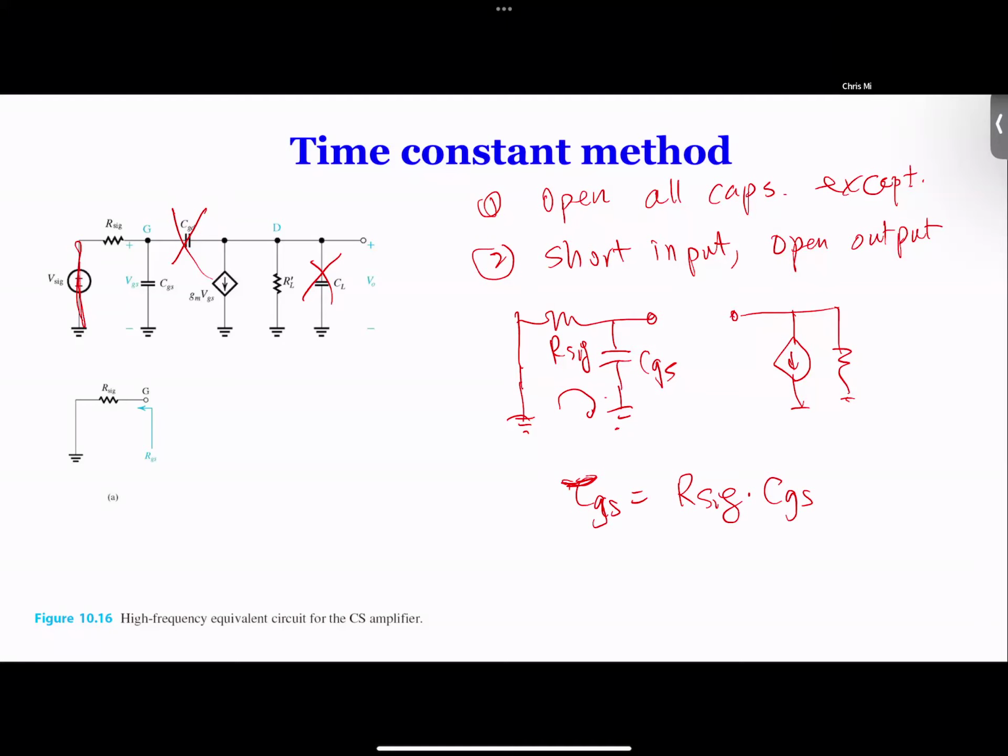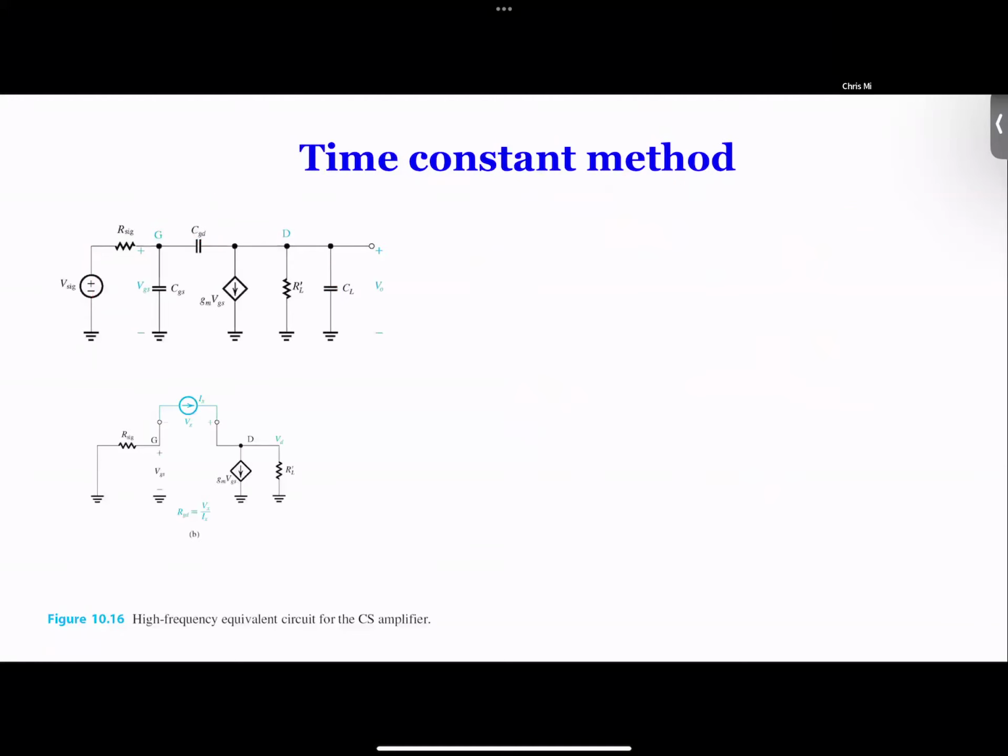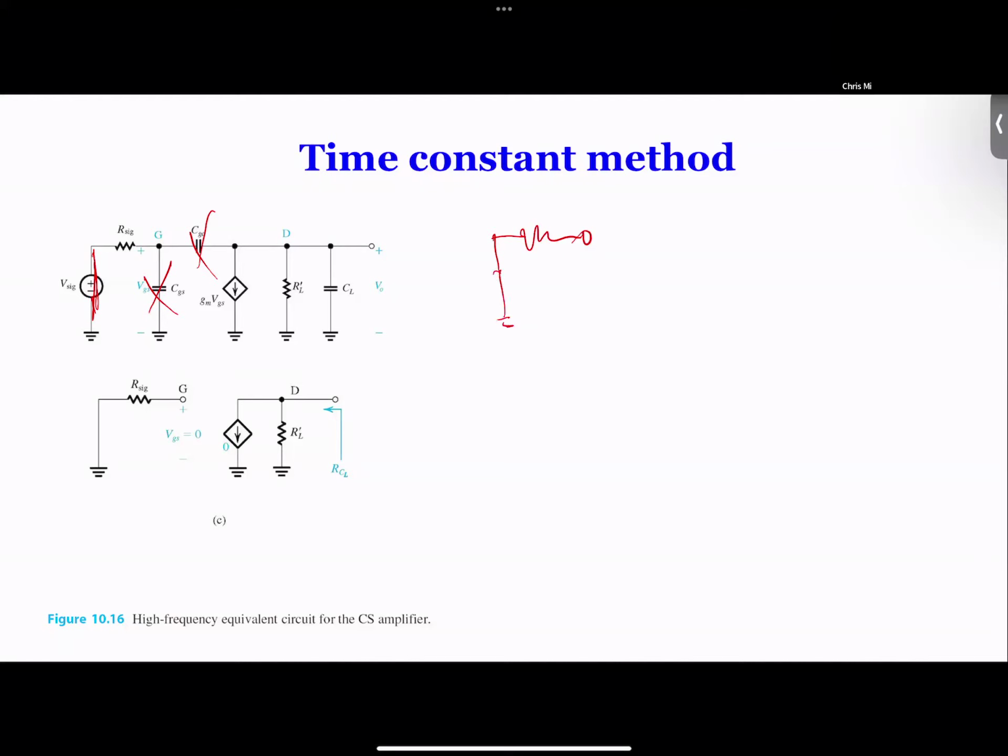Okay. Next, let me skip this one and go one slide further. Next, we're going to look at CL. So to do CL, what do we need to do? We short the input, we open this one, we open this one. See what happens now? Basically we have this resistor over here, this is ground, and we have this current source, and we have RL prime, and this is ground, this is CL.